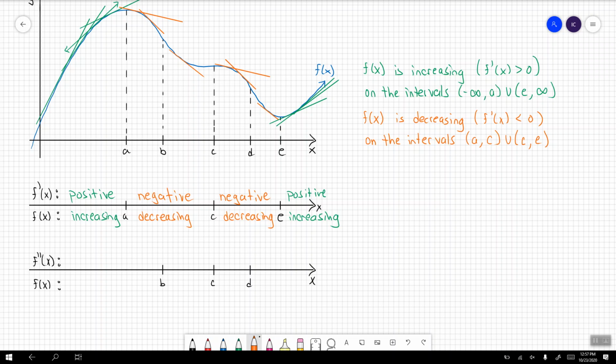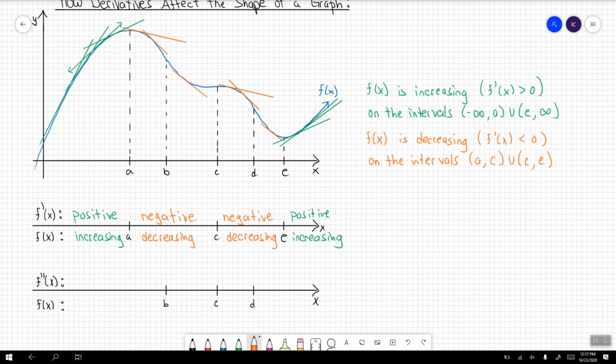And more specifically, we want to identify where a maximum or a minimum is going to occur for a function. Now, a maximum or a minimum can occur whether it is relative or absolute.